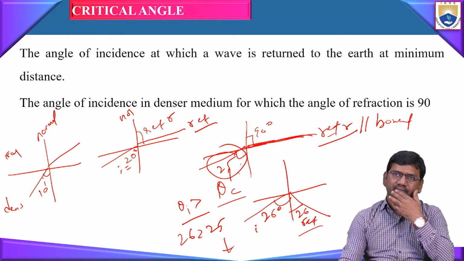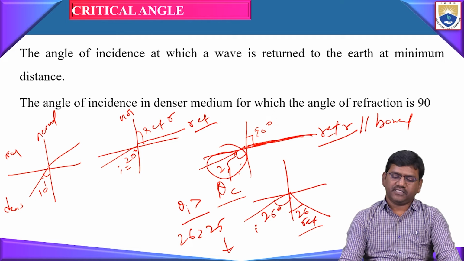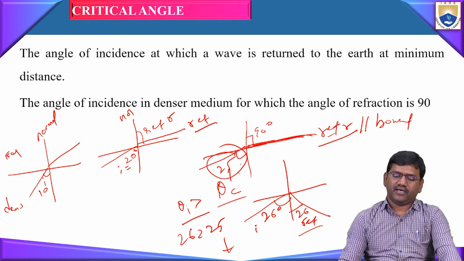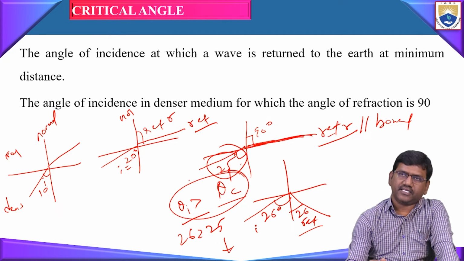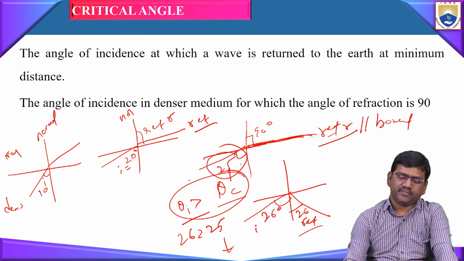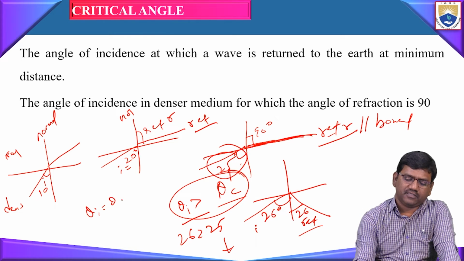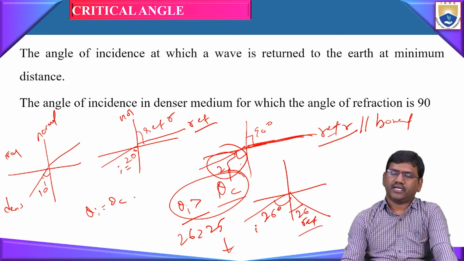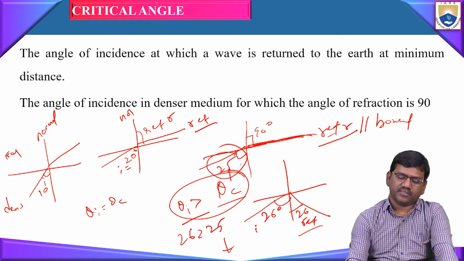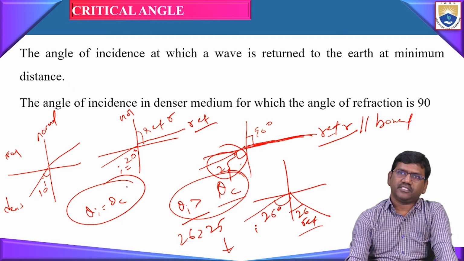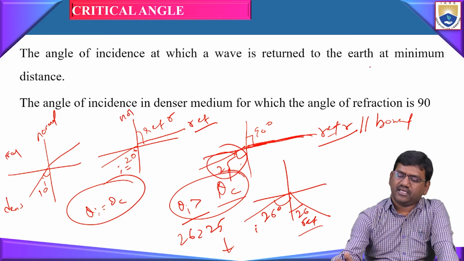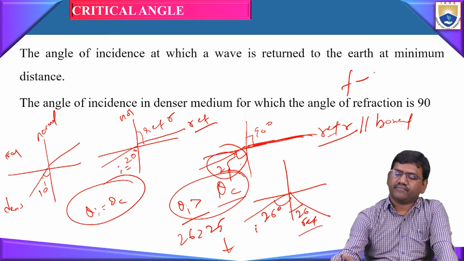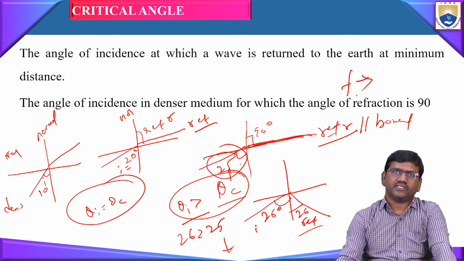So to achieve minimum distance, we need to transmit a signal at theta c. Minimum distance can be achieved at theta i equal to theta c. This skip distance depends upon the frequency of operation.